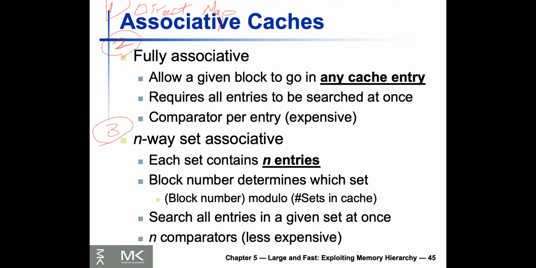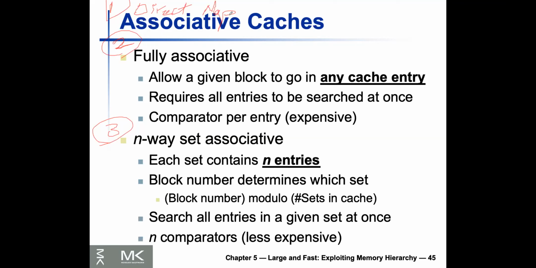Direct map is one side of the extreme spectrum, for which you can have only one choice for your data to be placed in a block, and you just figure it out by a mod, right? You get a mod, and then you understand the block, and using the tag, you understand if it's a hit or miss. You might have some offset as well.